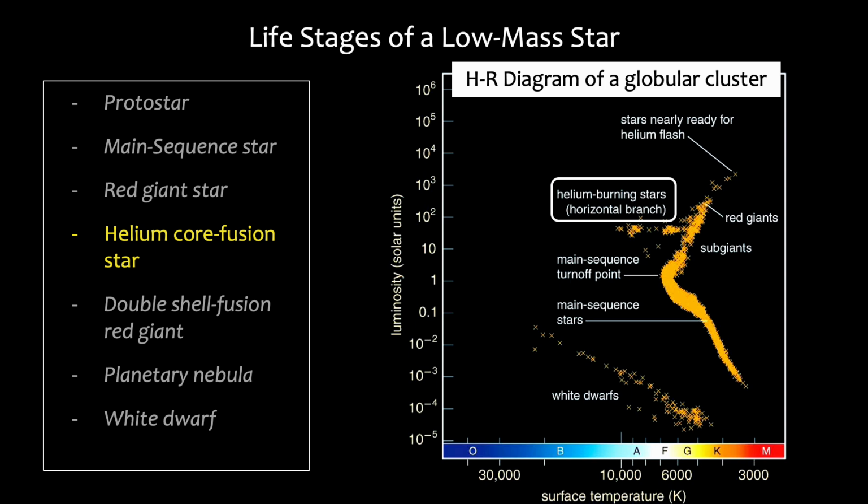We can see examples of main sequence, or low mass stars, in all the life stages. The main sequence turnoff point right here, subgiants, red giants, and a star just about to have a helium flash right here, okay?